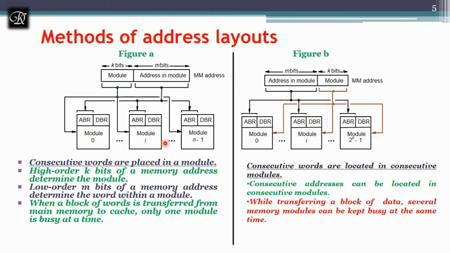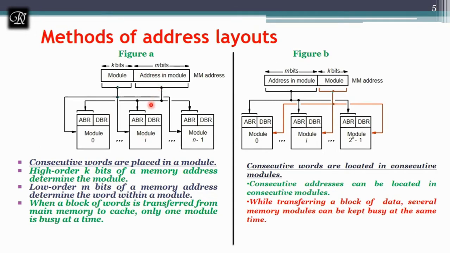Two methods of address layout are indicated here. In the first case, the memory address generated by the processor is decoded as k bits and m bits. The higher order k bits name one of n modules, and the lower order m bits name a particular word in the module. So the higher order bits select one module, and the lower order bits select the word inside the module.